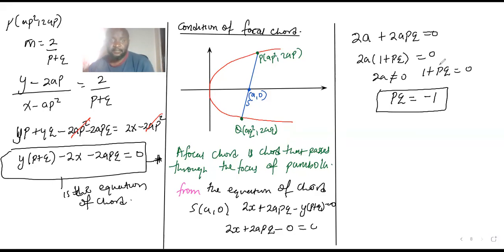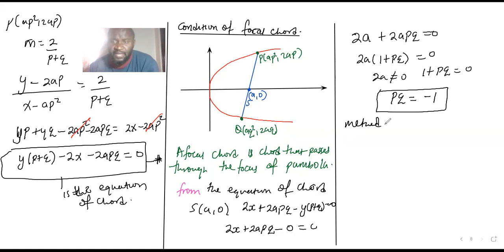So if the values of P and Q, when you multiply together, give you -1, then you get what we call the focal chord. And actually it comes from their gradients. So that is method 1.